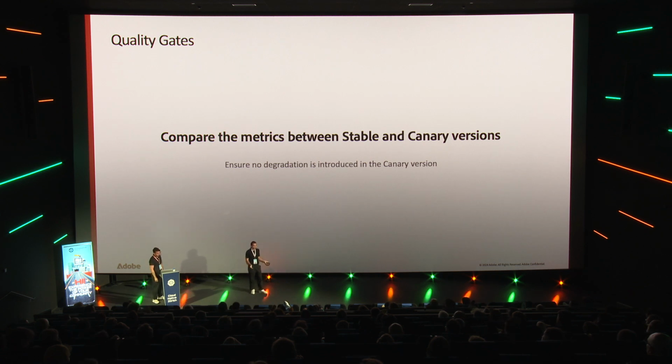And what we want to ensure here is that when we release a new version, even if it meets our high-level thresholds, we also want to ensure that we are not degrading the performance, right? We don't want to introduce a negative change into our environment. So if we see that a Canary version is performing worse than the stable version that we had before, we will mark it as something to investigate, and we will have to look into it manually and halt the release pipeline at that point.